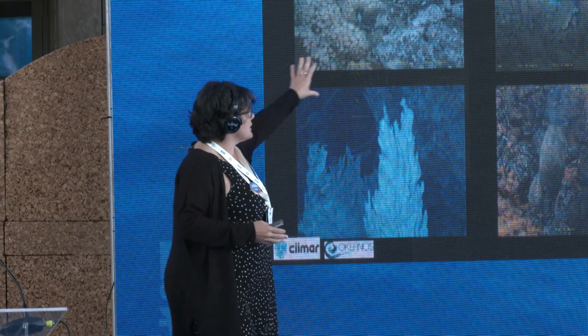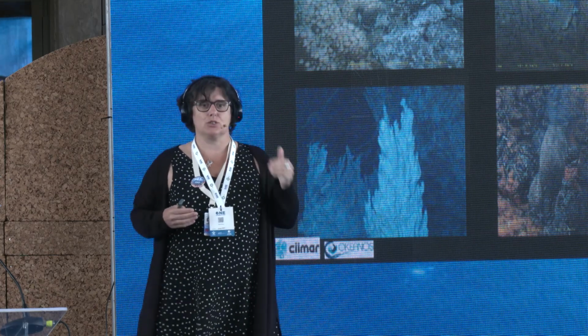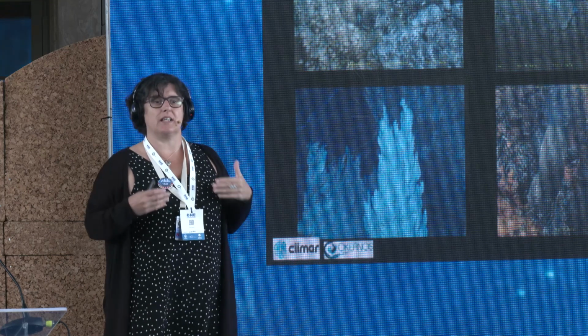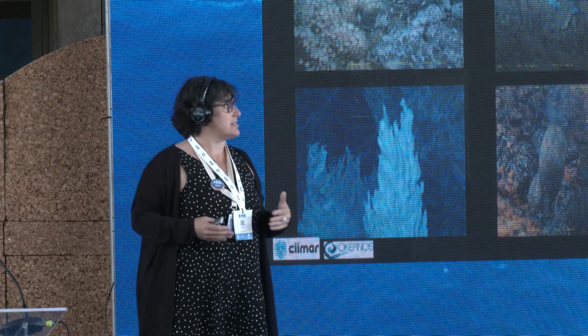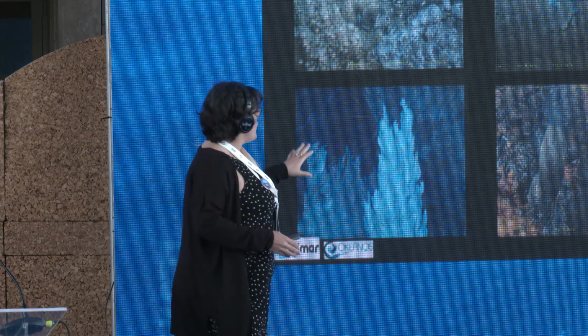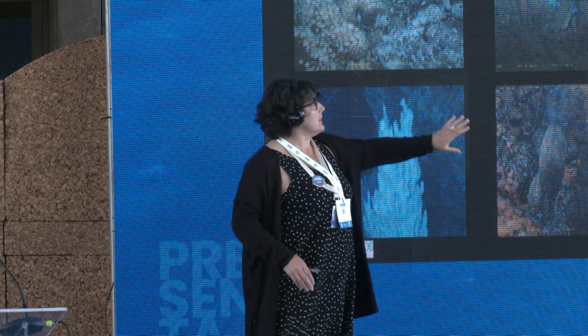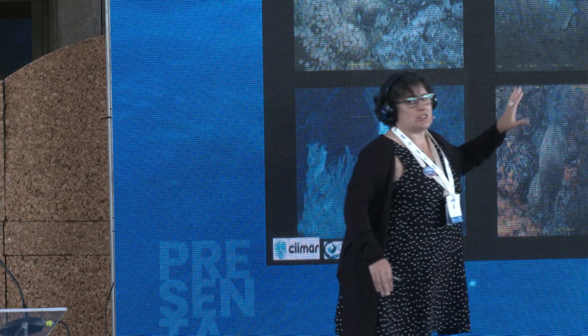And all of these organisms are really adapted to this environment, this really extreme, unique, and amazing environment. And when the fluid disappears, we start having these dead chimneys without fauna.